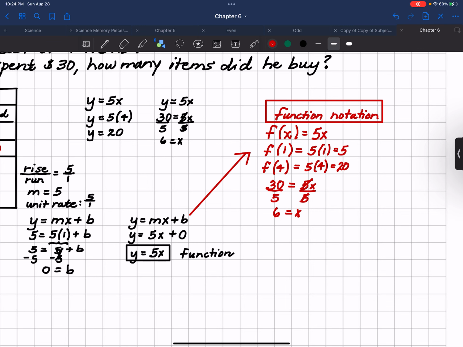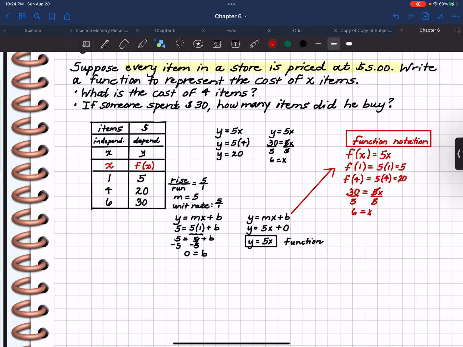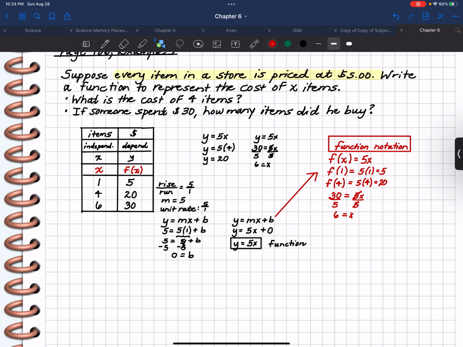We're just labeling it a little bit differently. And we're going to be doing a lot more of this. So to answer the questions, what is the cost of 4 items? When x is 4, f of x is 20. If someone spent $30, that means he bought 6 items.